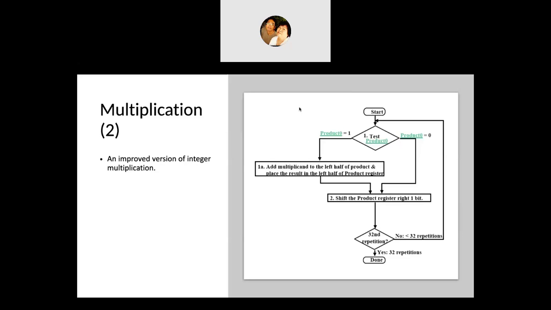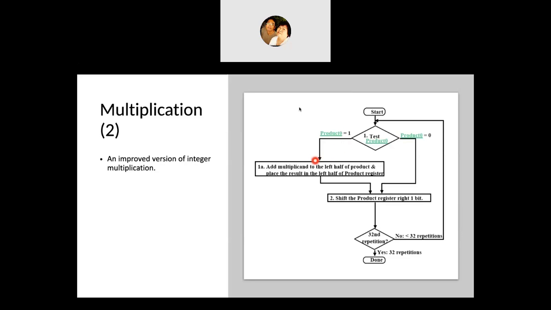We just started, okay? Look at the second algorithm here. Here we just discussed that instead of using multiplier 0, now we look at the product 0, the least significant bit of the product, and we test whether it's 1 or 0.